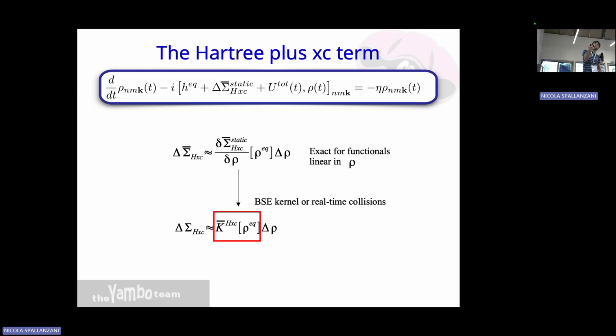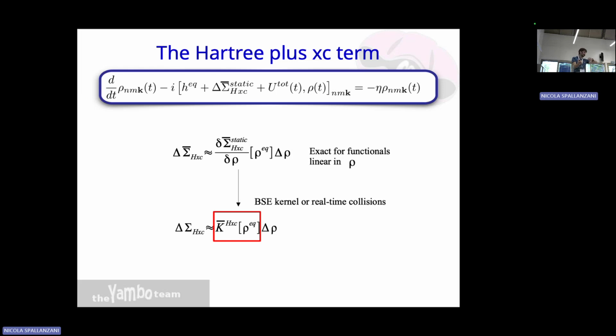This object, the functional derivative of sigma with respect to the density matrix, is what is called the kernel of the Bethe-Salpeter equation. In the code it is needed both to compute the Bethe-Salpeter equation, so you need to build this kernel, but also to do real-time propagation. You will see that you need to construct what I call the real-time collisions, which are again the same object.